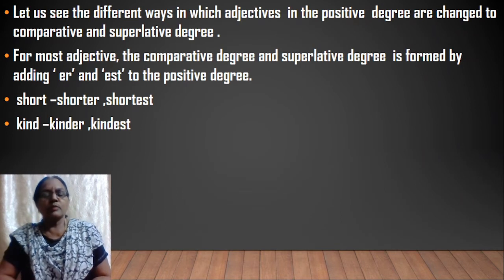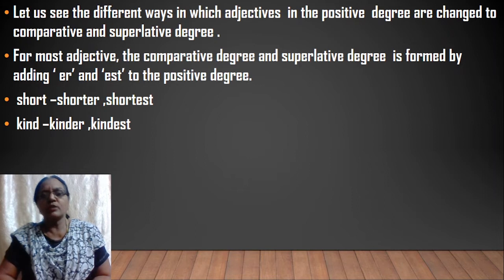So, we have seen the different ways in which adjectives in the positive degree are changed to comparative and superlative, as we saw in the word tall. Tall, in the positive degree, is changed to taller in the comparative degree, and in the superlative degree we have tallest.